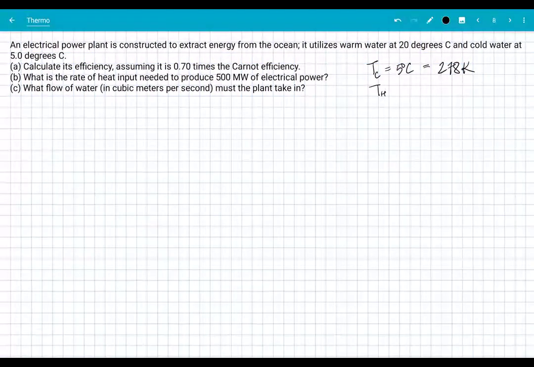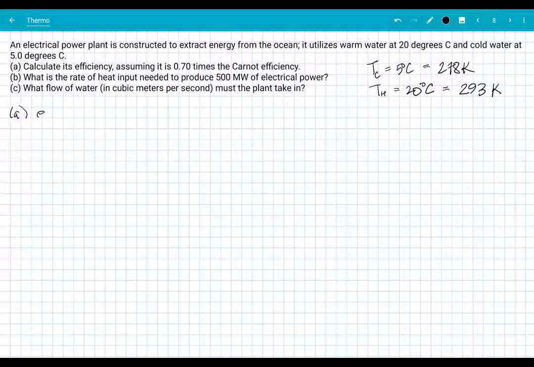And the hot reservoir here is 20 degrees Celsius, and that gives us 293 kelvins. Remember, with kelvins, we don't use degrees because essentially we treat them kind of like an energy unit, really. Okay, so that gives us the temperatures, and then we can find the Carnot efficiency and know that we are calculating 70% of that for part A.